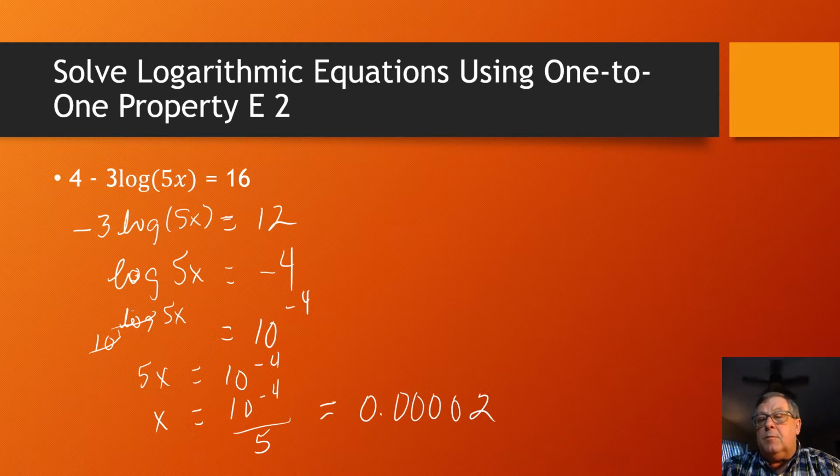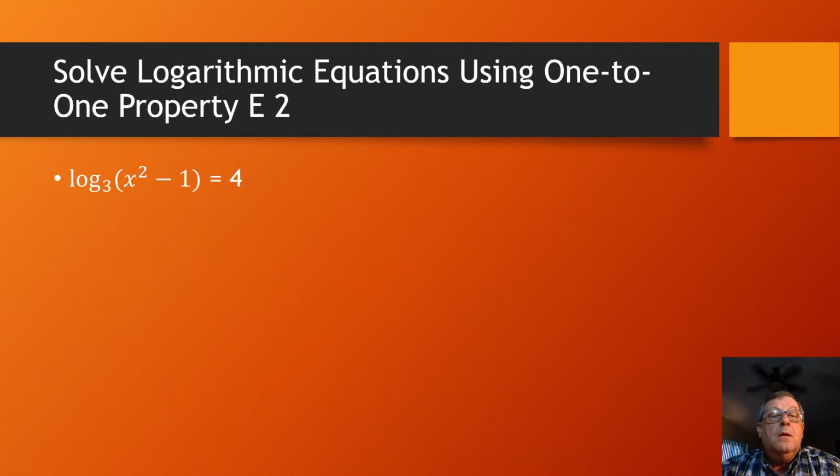Now, since I've been having so much fun, I feel like I need to do at least one more. This one's a little bit different. Log base 3 of x squared minus 1 equals 4. I'm going to exponentiate again.